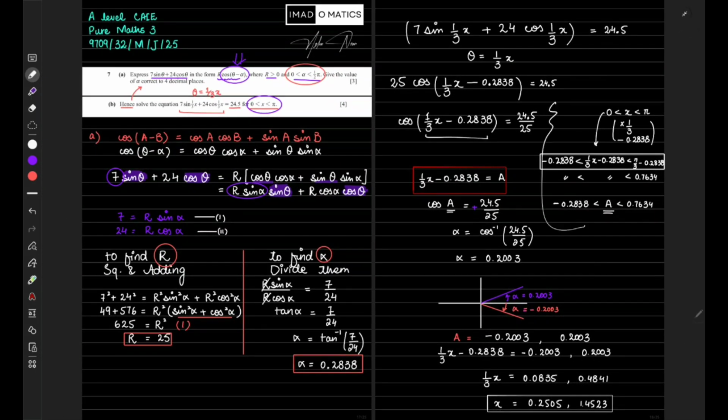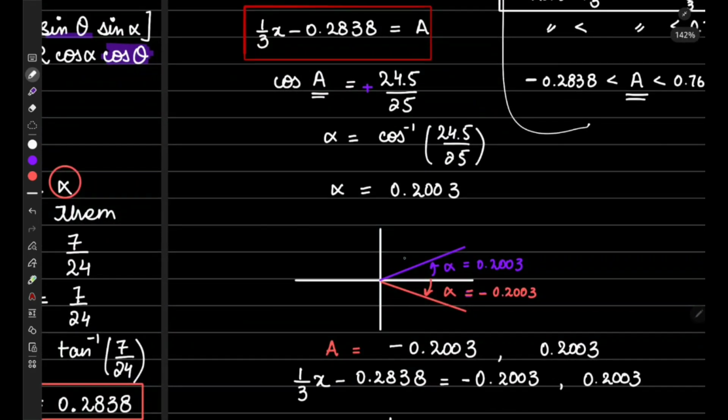This thing might seem unnecessary, but this is the standard procedure of doing it. Secondly, we are taking just these two angles because we have cos positive. Cos positive is in the first and fourth quadrants. Why are we taking the fourth one? Because our range is in the negative direction also.